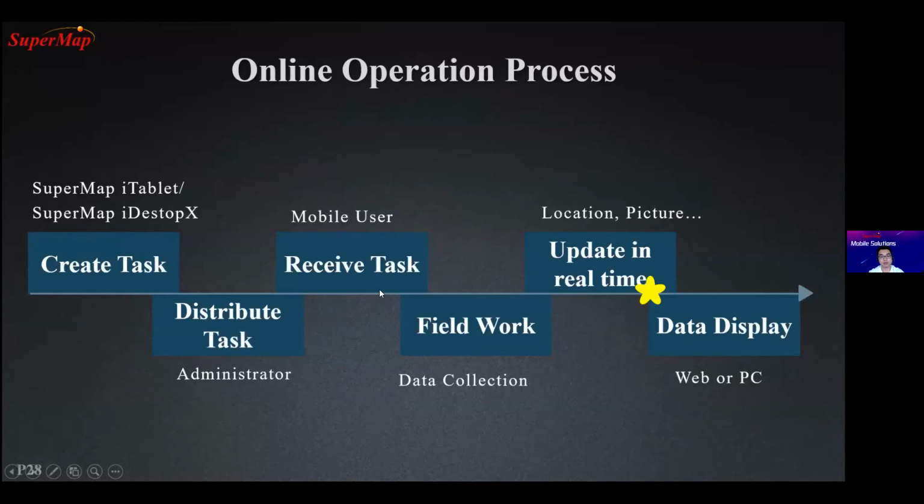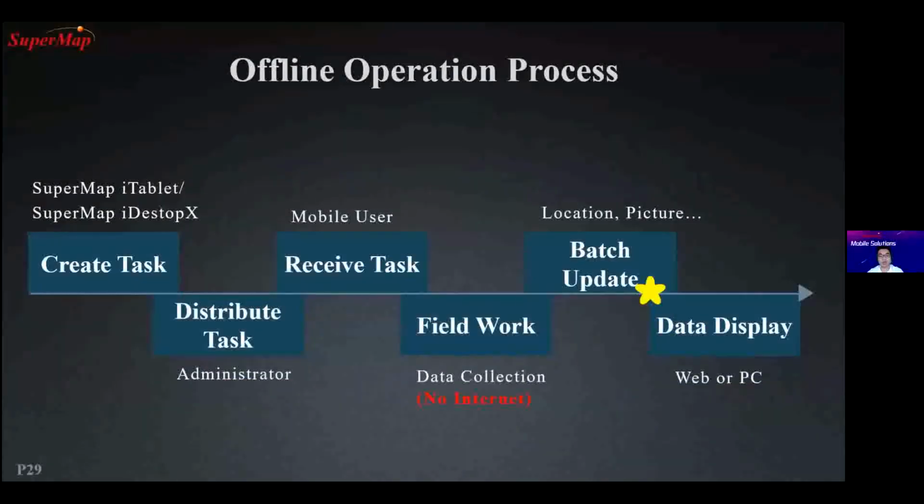And everyone can receive the task from the mobile. And then we can start the field work, do some data collection. And when you collect the data, it will upload the data to iPortal or SuperMap Online. And also the data center can access the data in real time.